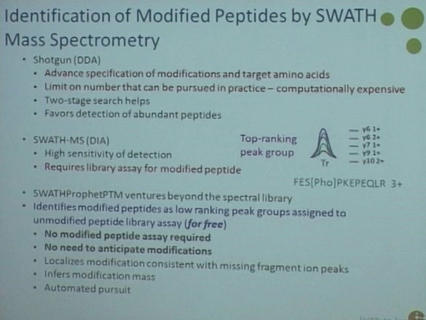And so with the new software we've tried to develop, it now steps beyond the spectral library, and it identifies the peptides from low-ranking peak groups that were assigned to unmodified peptides that were originally searched.